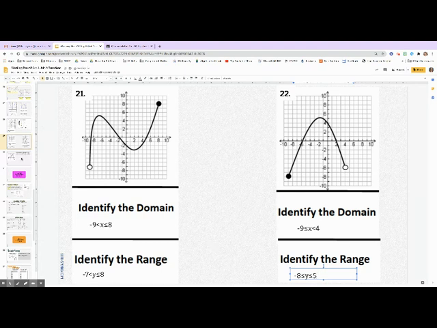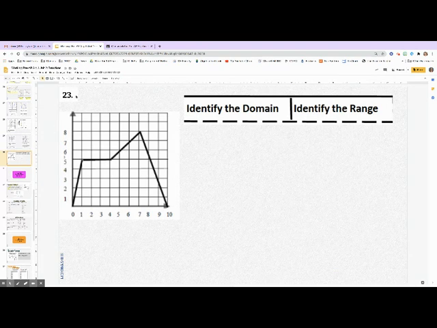Okay. The last one is identify domain and range. So this is kind of like a situation graph. So let's identify the domain. Our domain is going to be x's. So how far left can it go? It can go to 0 because this is a situation graph.